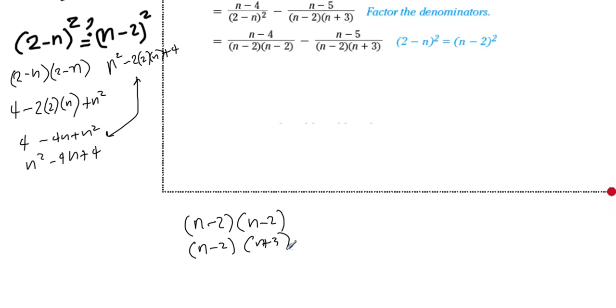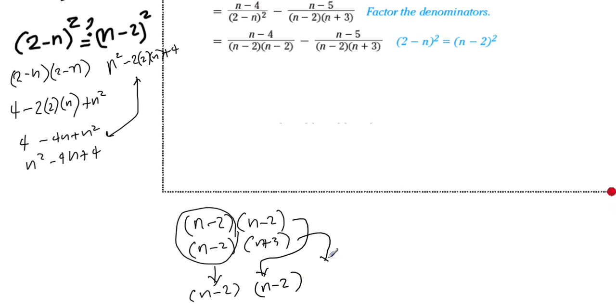We circle the common factors, circle these two, and we bring it down once, which is n minus 2, right? And these two are not common, so we bring both of them down once. We bring n minus 2 down once, and we bring n plus 3 down one more time. So this now becomes our LCM. So the LCM of this denominator would be n minus 2 times n minus 2 times n plus 3.